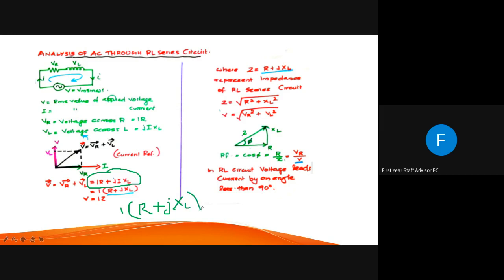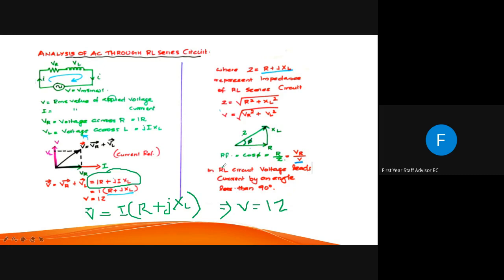So that is the total voltage, the total voltage of the resultant phase. Now finally I am rewriting R plus jXL equal to Z. Now the equation becomes V is equal to IZ, where Z is nothing but R plus jXL.